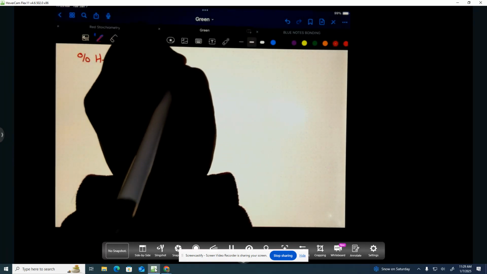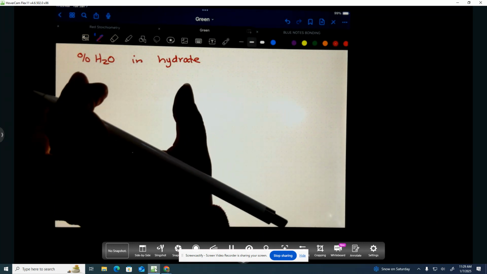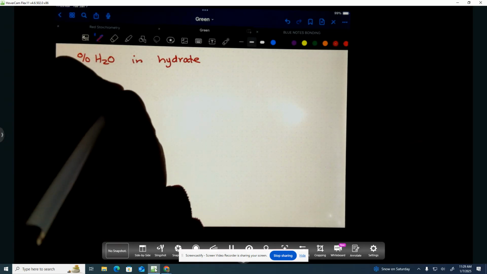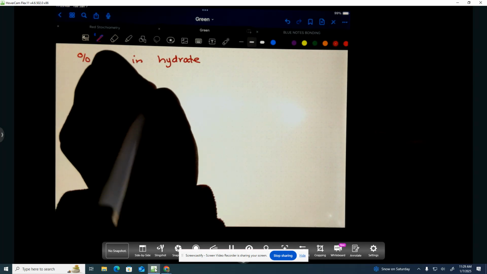Then we talked about finding the percent of water in a hydrate, which is going to lead us to what we're doing today and getting ready for the lab that I'm going to have you do. So if you have a percent of water in a hydrate, let's say we just take any old hydrate like aluminum fluoride, and there's a little dot here, and I'm going to put 3 H2Os.